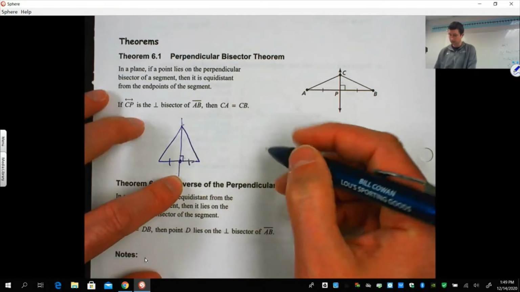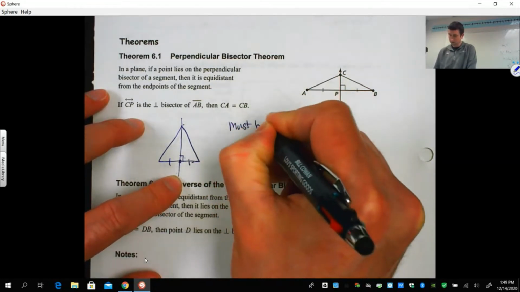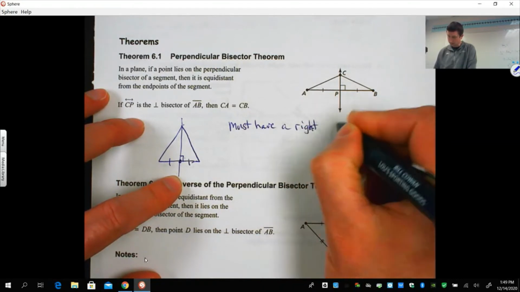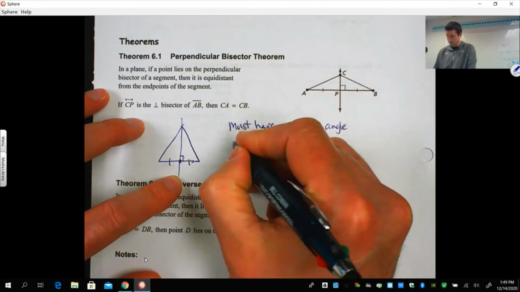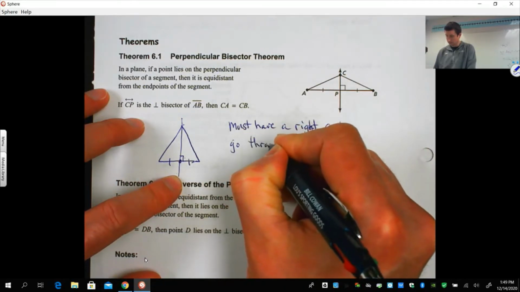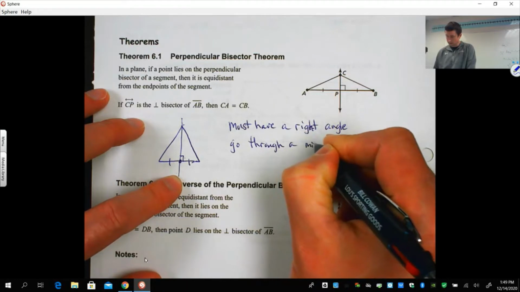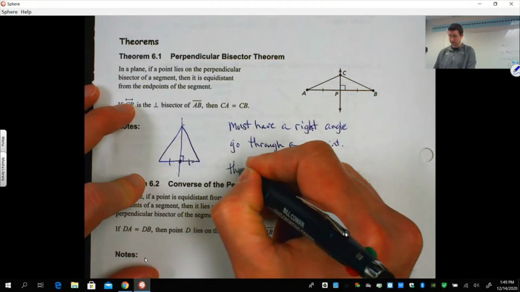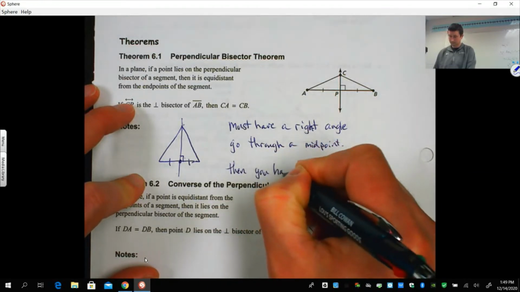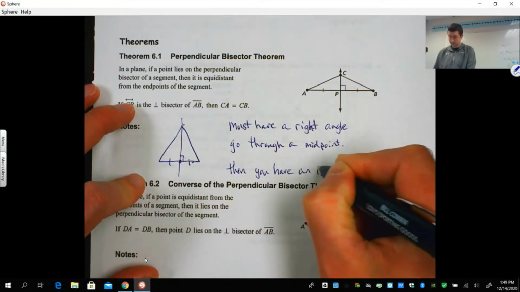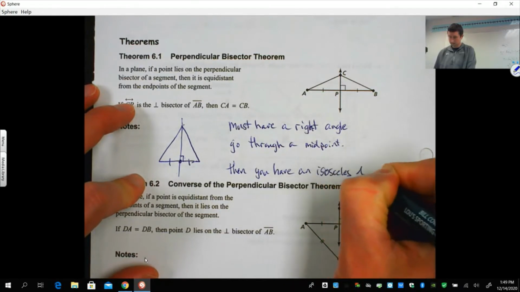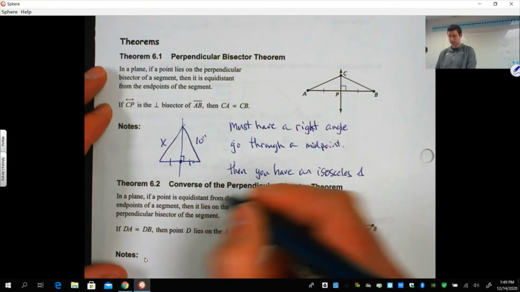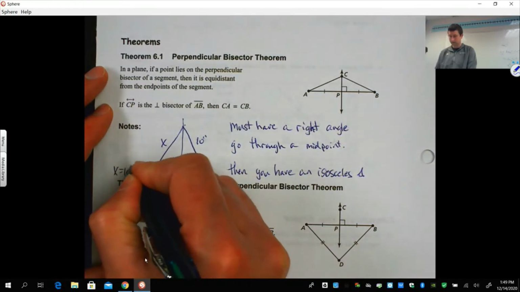You must have a right angle, R-I-G-H-T, and it must go through the midpoint. Then you have an isosceles triangle. So if this is 10 inches and this is x, you know that x has to equal 10 inches.